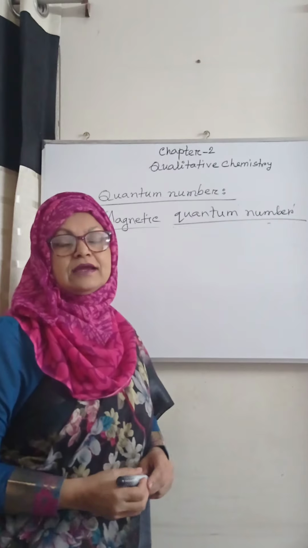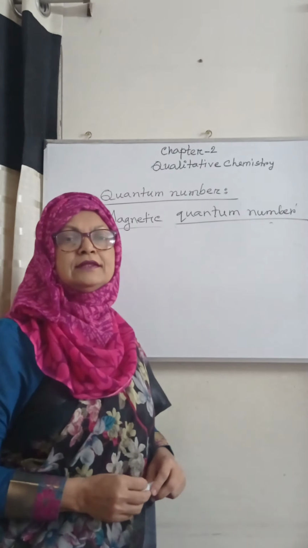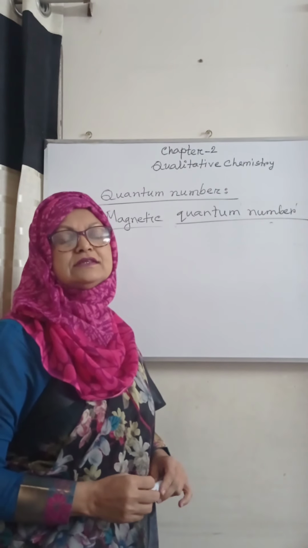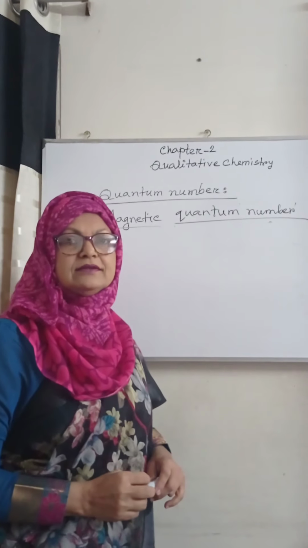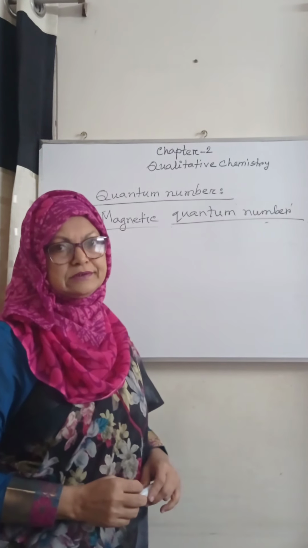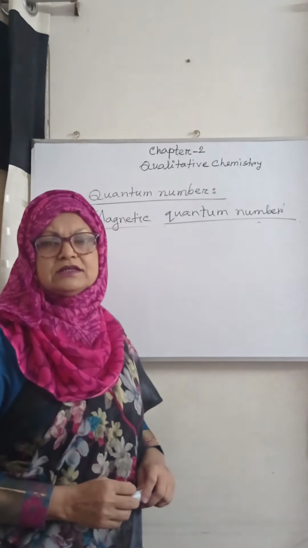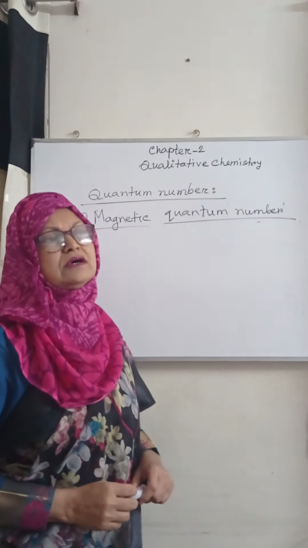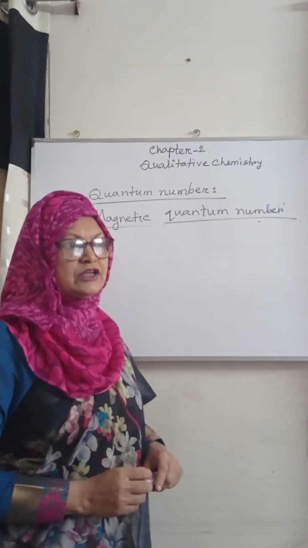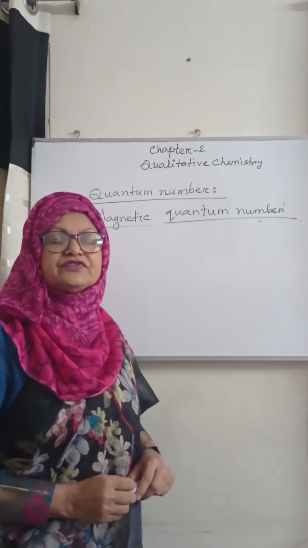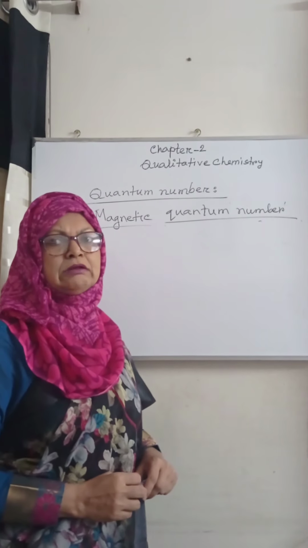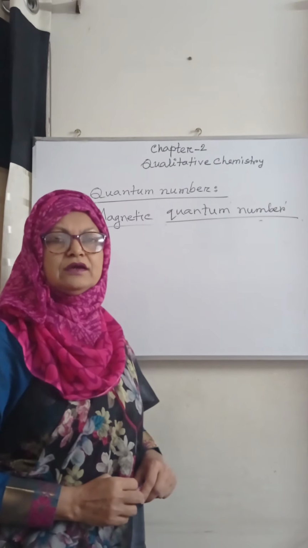As a result, an electric field is created, and due to this electric field, a magnetic field is also created. And due to the effect of this magnetic field, some orientation or different three-dimensional arrangement may occur.